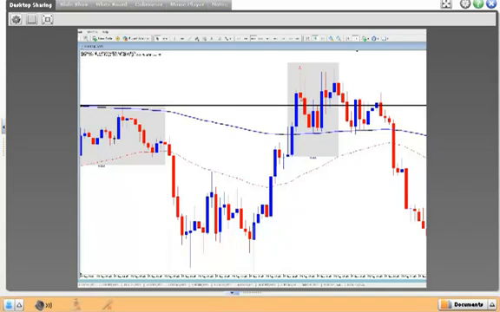It was the last major high we had. No doubt there was going to be stops and breakout orders above that point, as there is at any major support or resistance point, especially that day's low or that day's high. Very, very key points. A lot of orders on just either side of those points.